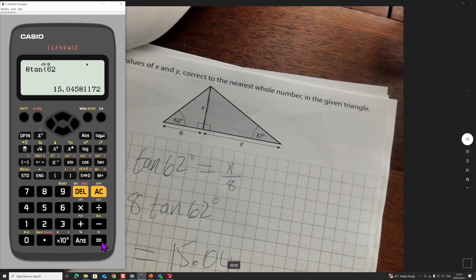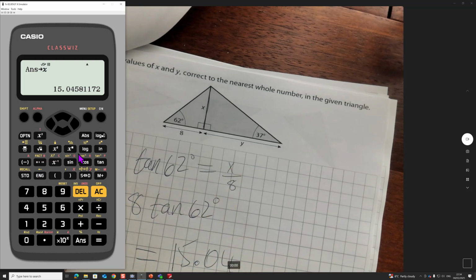And we could round it, but a nice trick so that we don't have any compounded errors is to store it to A. We could even store it to x because it is x.